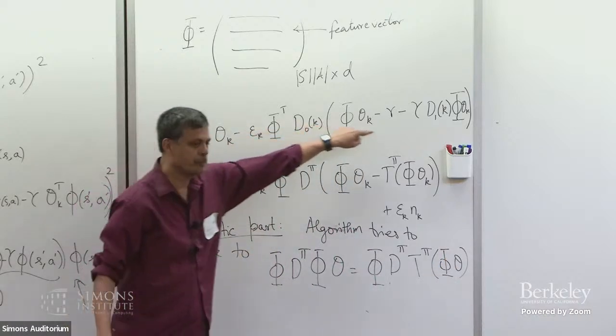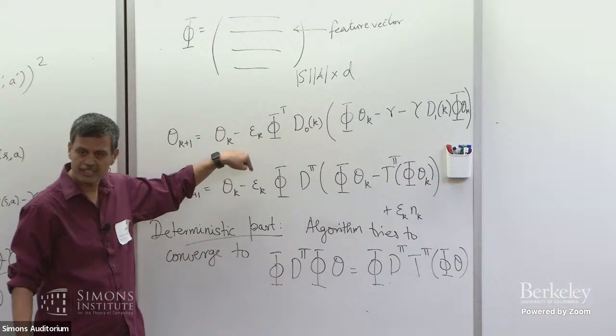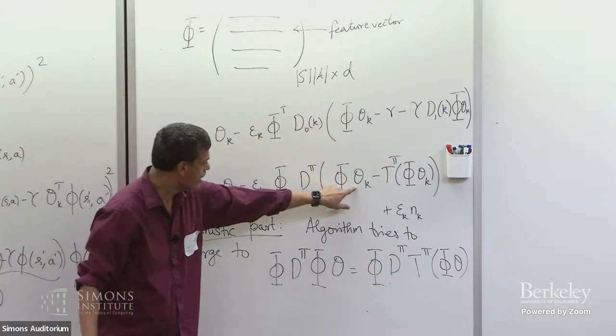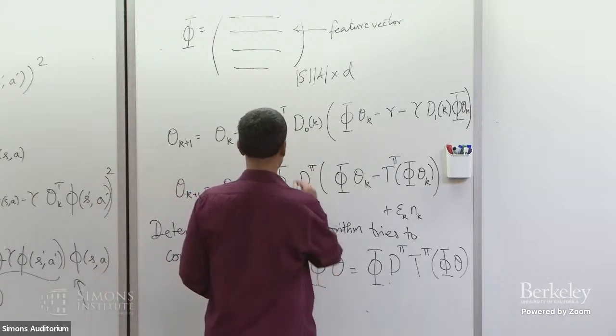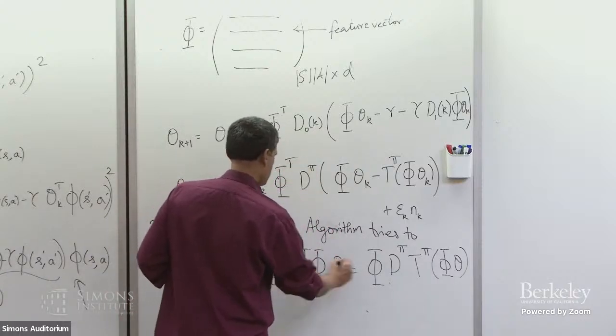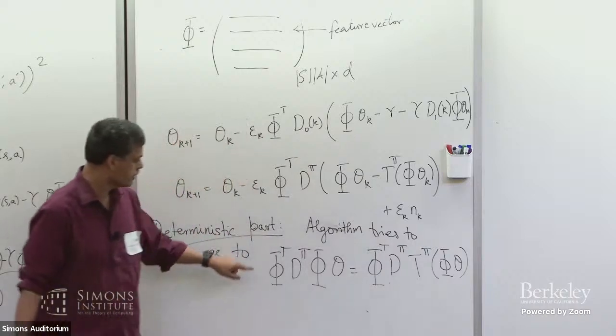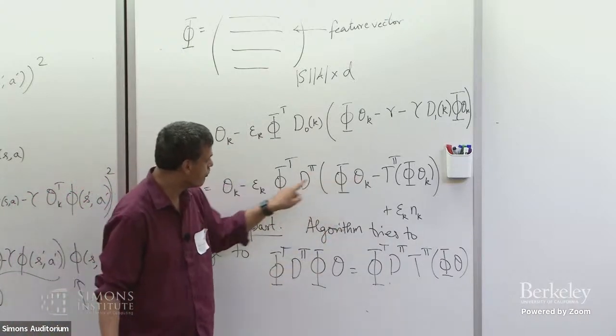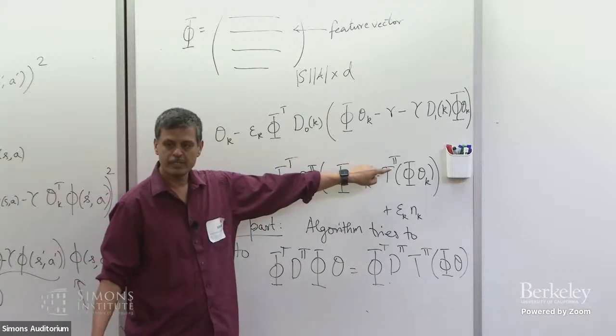Basically we try to set this part equal to 0. If the system converges, it will set phi transpose D pi phi theta equal to phi transpose D pi of (r plus gamma P pi phi theta). Sorry, this should be transpose.